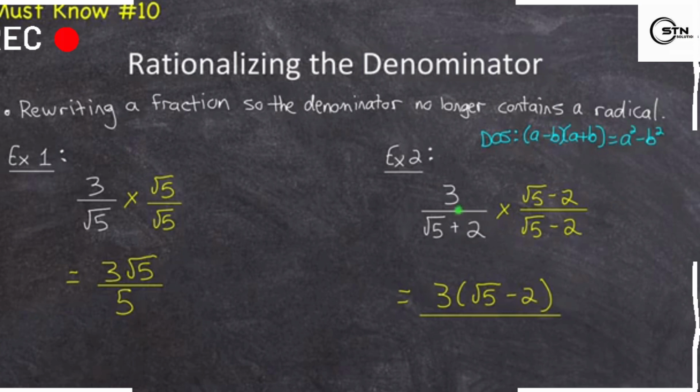And that's exactly what we have with this product. The binomials look exactly the same, but their signs are different. So I know when I do the multiplication of root 5 plus 2 times root 5 minus 2, it's going to equal the square root of 5 squared minus 2 squared.